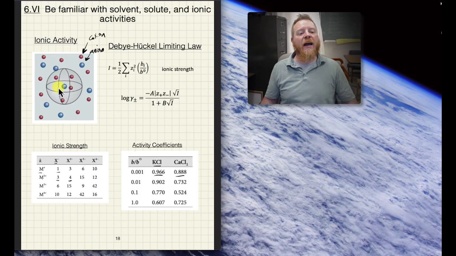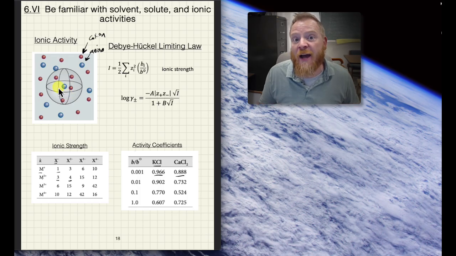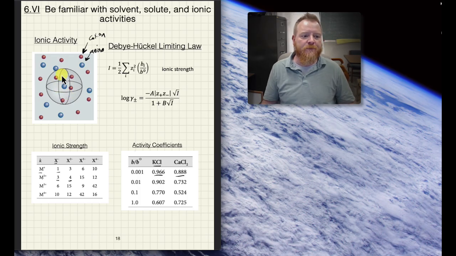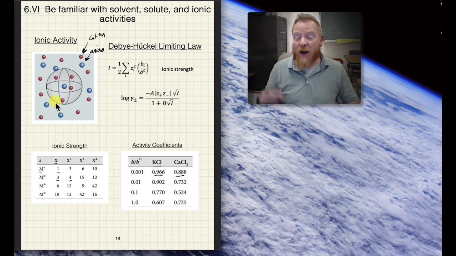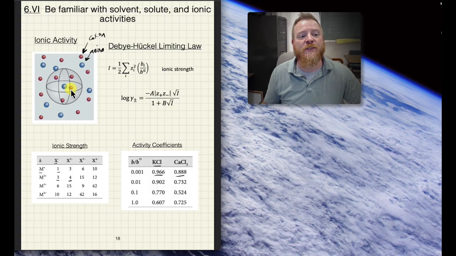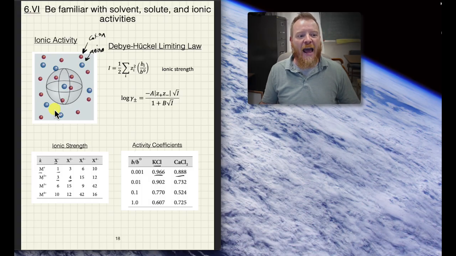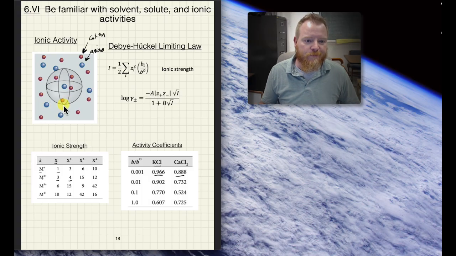And that sphere kind of represents like a snapshot in time of the solution. And what's important to note here is depending on the charge of our cation and anion, we might see a very different snapshot, right? We might see very different amounts of anions surrounding cations or vice versa.